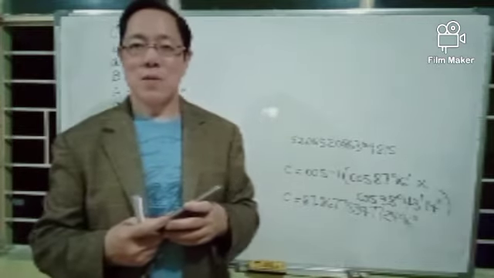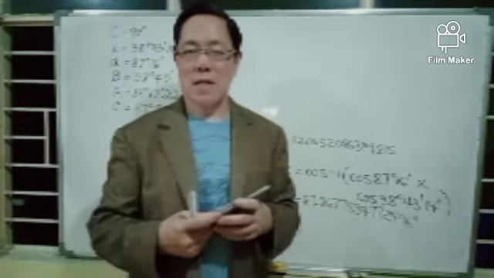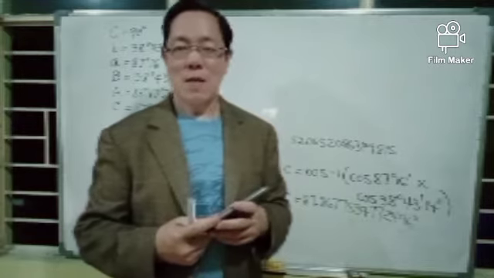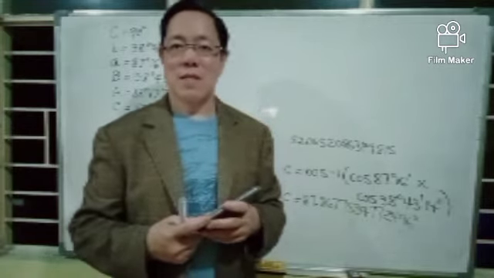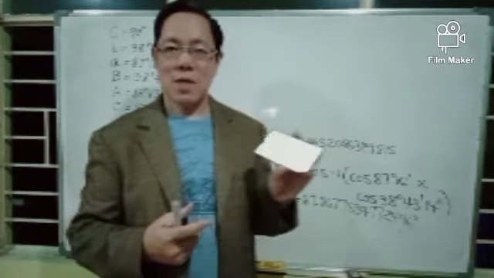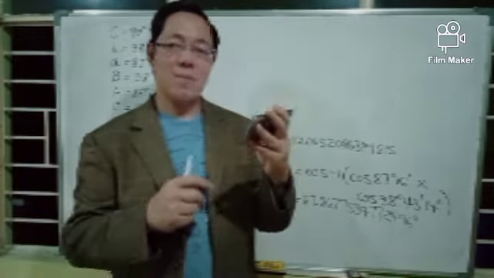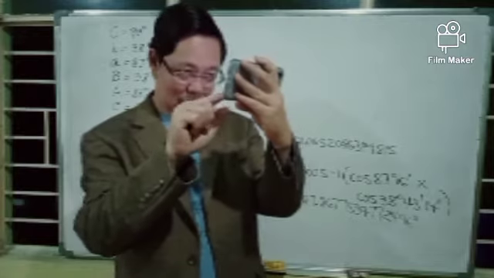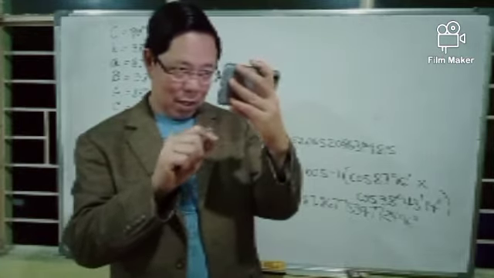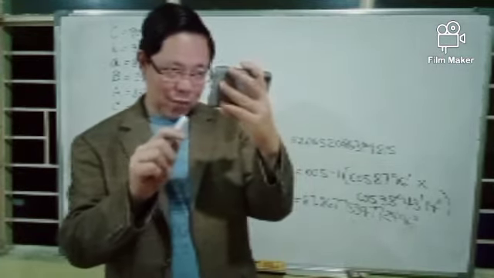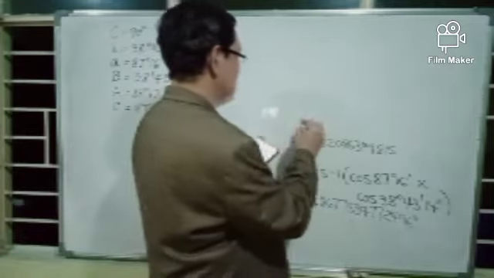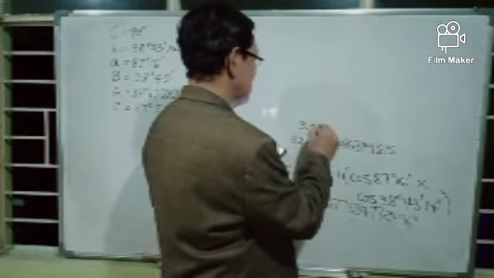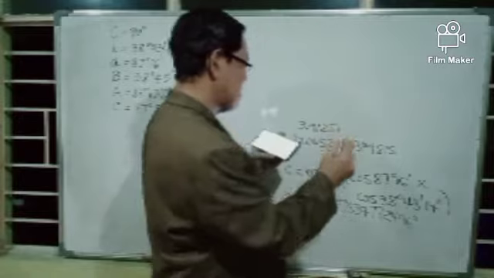To convert that to seconds, we multiply that decimal number by 60 because 1 minute is 60 seconds. In your calculator, multiply the decimal number by 60, and you should get 3.91251.